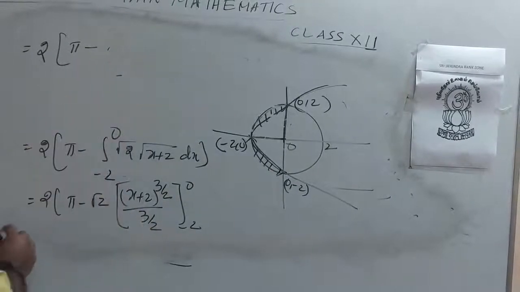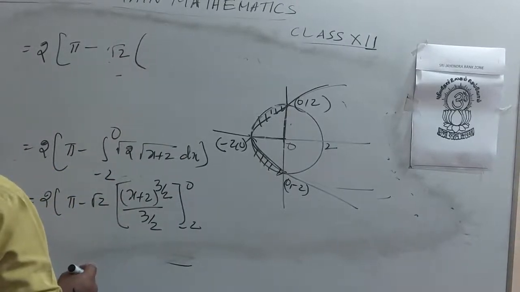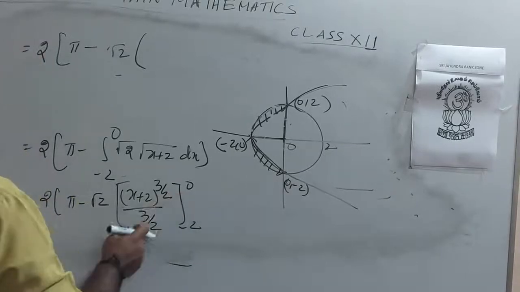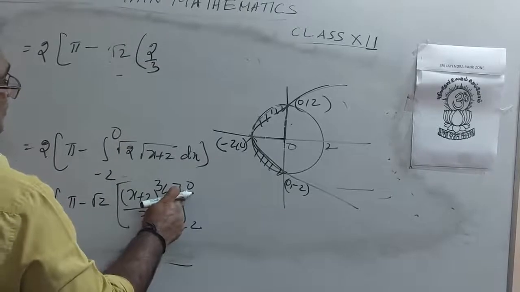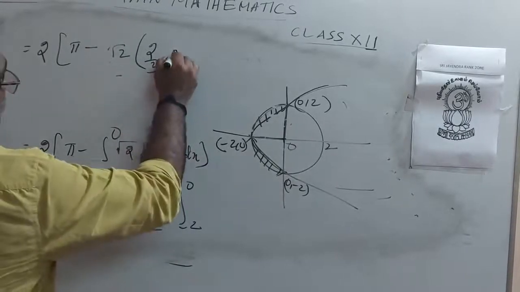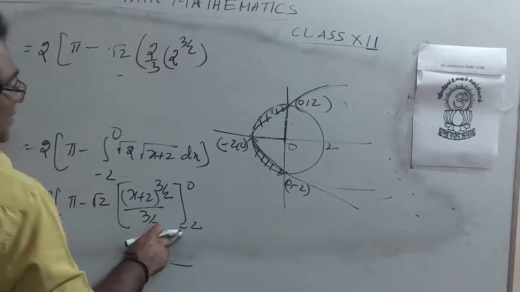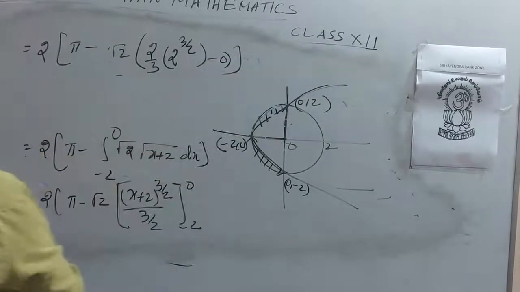Applying upper limits, 2 by 3 into 2 power 3 by 2. If you apply lower limit minus 2 plus 2, answer will be 0.